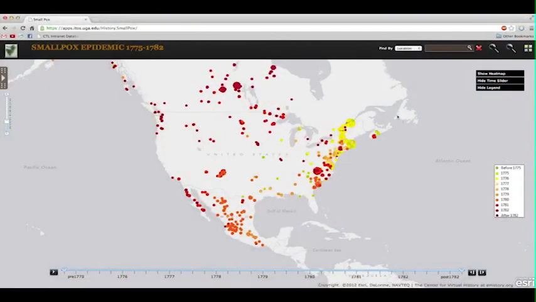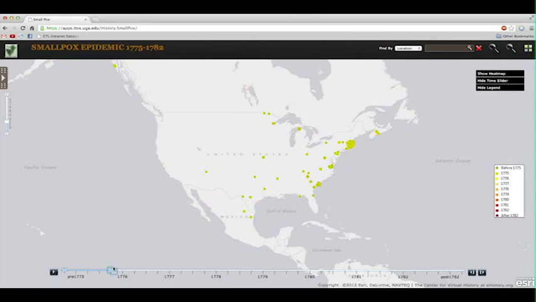I can show you a different view of that same thing, so we can turn on this time slider and show you a year's worth of points at a time. So the earliest cases that we have recorded are in very late 1773, early 1774, around Boston, as you can see here. And then we can just walk through.